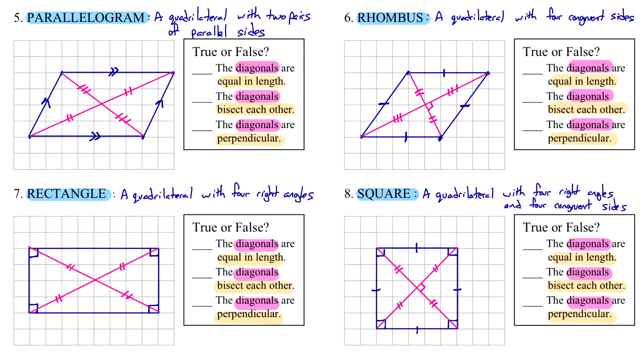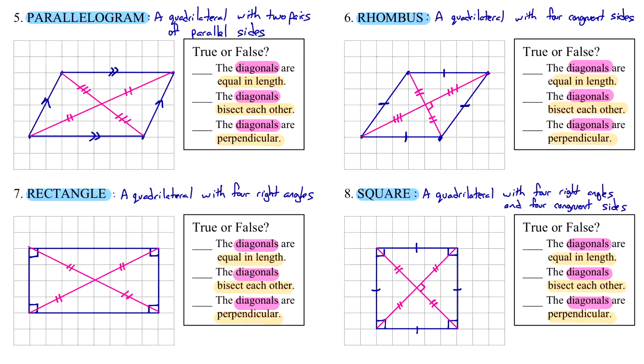The sides are perpendicular. They have 90 degrees. So rectangle, by definition, has 4 right angles. And a square has those same properties plus the properties of a rhombus to give us 4 right angles and 4 equal sides.